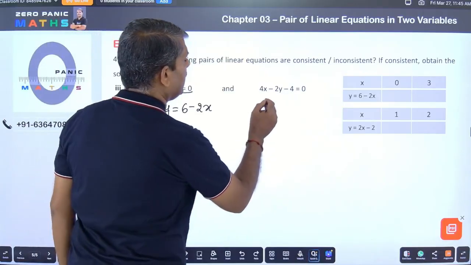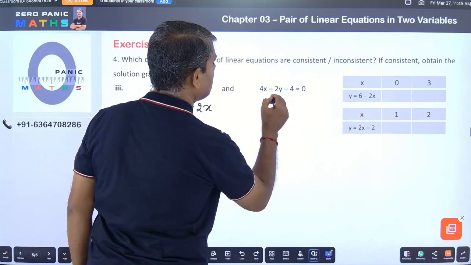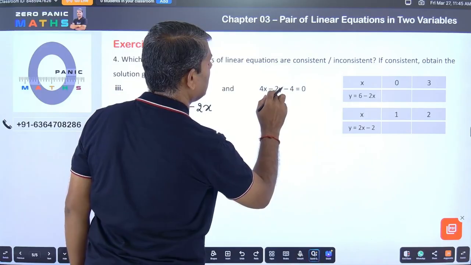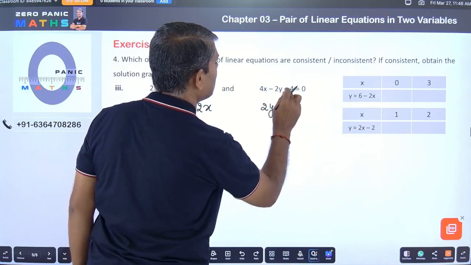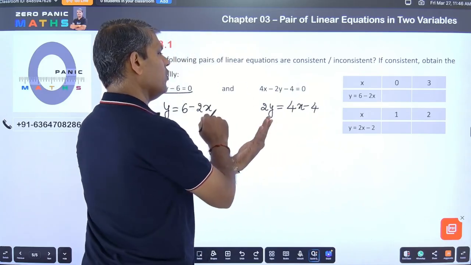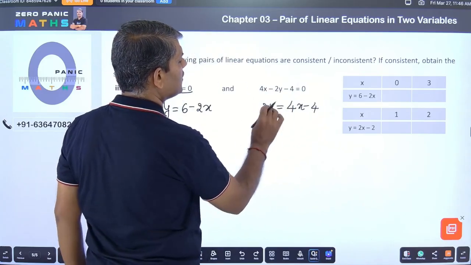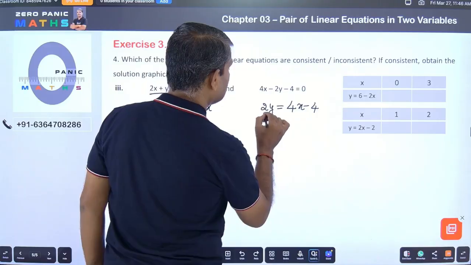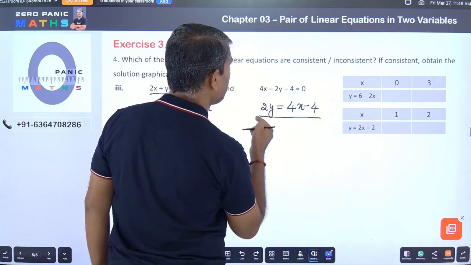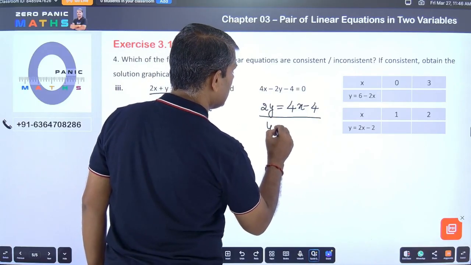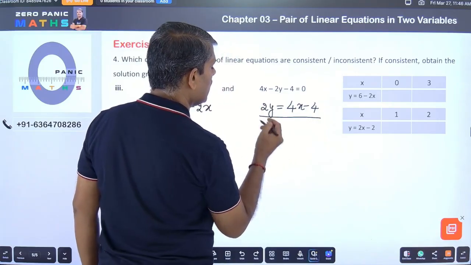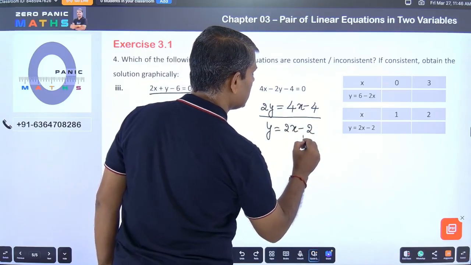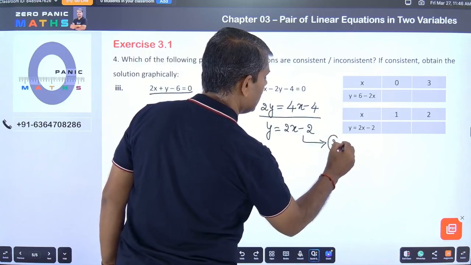And in the second equation, I take 2y to that side, making it plus 2y, while 4x minus 4 remains on the left hand side. I just switched this. Then I can divide the whole equation by 2, which cancels the 2 from y and gives me this equation, and this is equation 2, right?